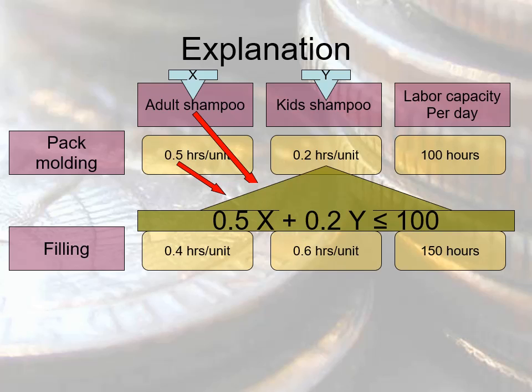And X, as we mentioned earlier, is the adult shampoo number. 0.2 is the number of hours needed to produce one single unit of kids shampoo in the back molding section. And Y is the number of kids shampoo aimed to be produced. 100 is the maximum labor capacity per day.